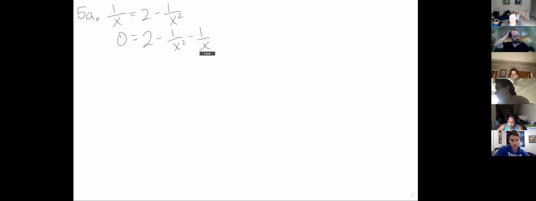Then I put that 2 over 1 and tried to find the least common denominator, which was x squared. So you multiplied this one by x squared over x squared, and this one by nothing because it already has it. And the third one? Times x over x. All right, let me rewrite it and see if we have a common denominator now.